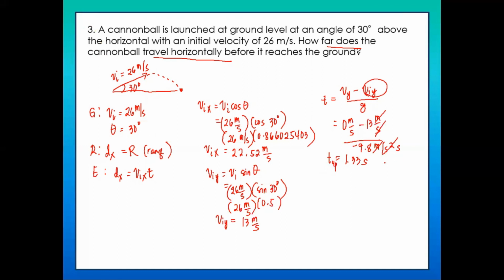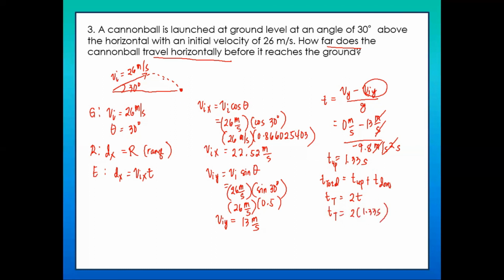Now T up, okay, for total time, sabi natin T up plus T down. Or simply, total time, multiply mo yan sa 2 times T. Okay? So, parehas lang naman yan. So, total time is 2 multiplied to 1.33 seconds.